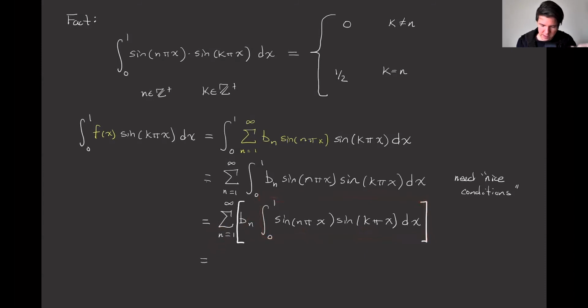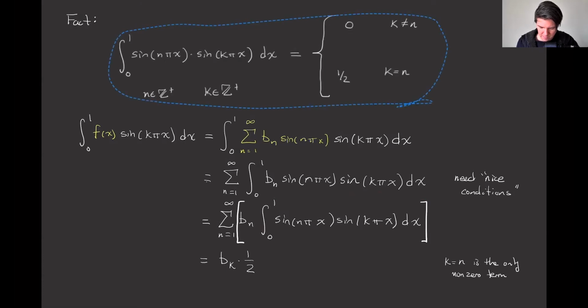So what you get is a single term that's non-zero in the series, and it ends up being bn times 1/2. I'm sorry, actually bk, because it's where k is equal to n, is the only non-zero term. All right, so you have bk times 1/2 is equal to this integral.